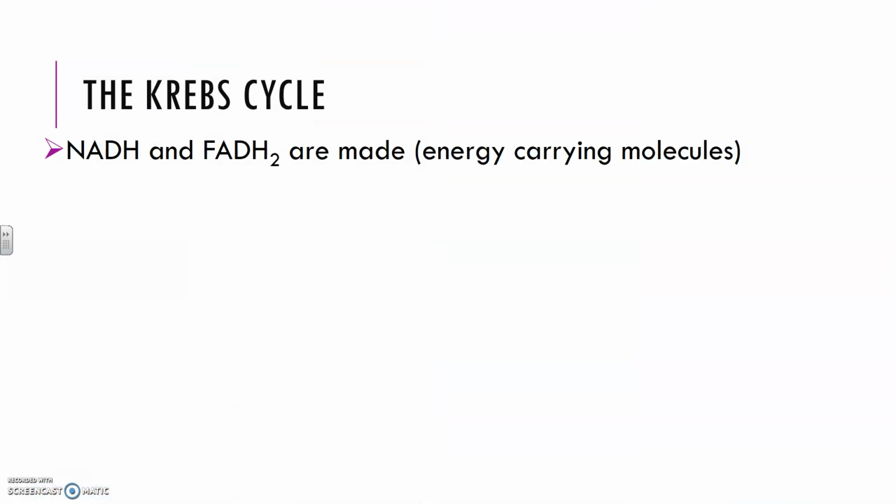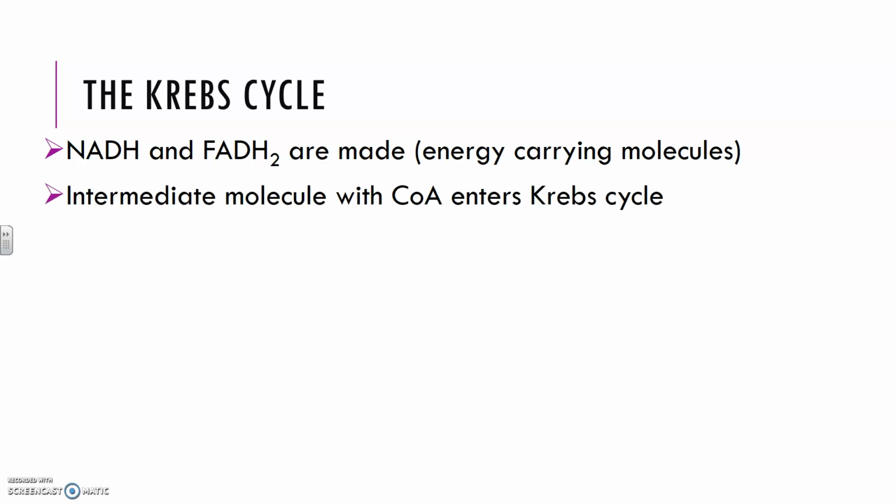So in the Krebs cycle, or the citric acid cycle, you have two different energy carrying molecules that are going to be created. You have your NADH, which we've already talked about, and then also your FADH2. You also have an intermediate molecule that enters the Krebs cycle.